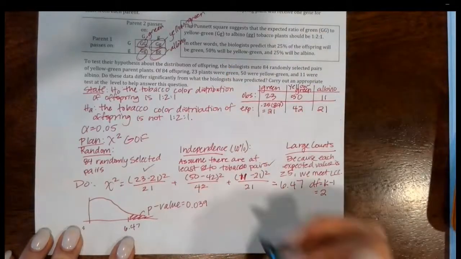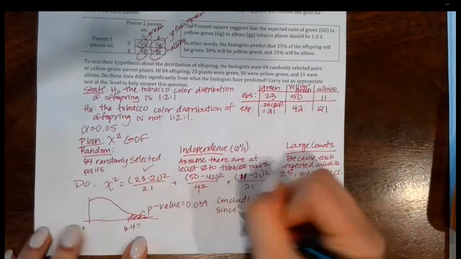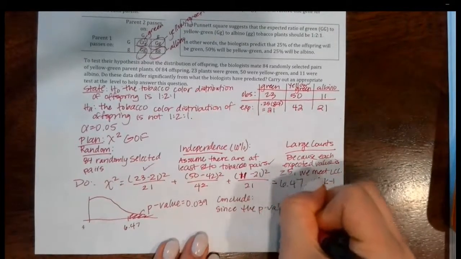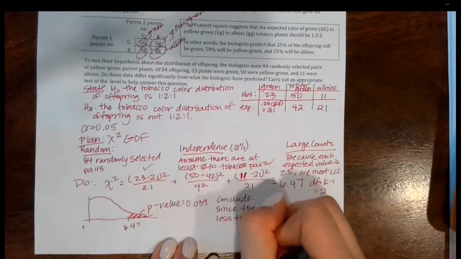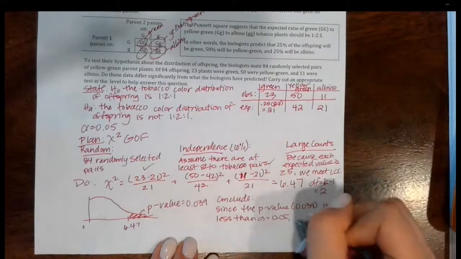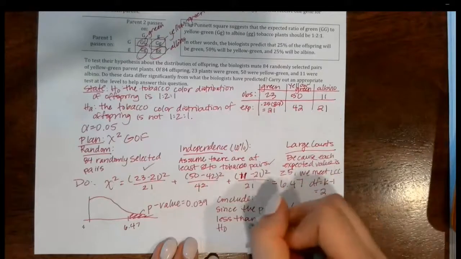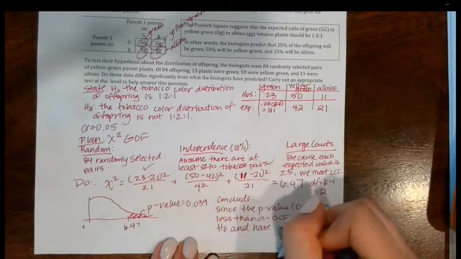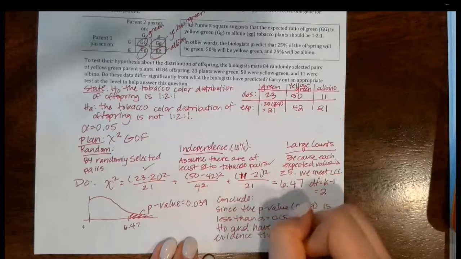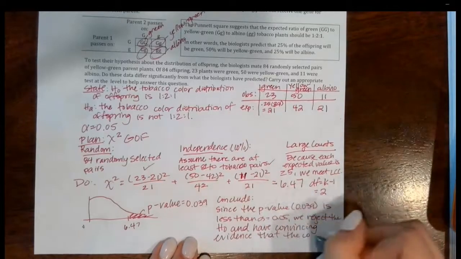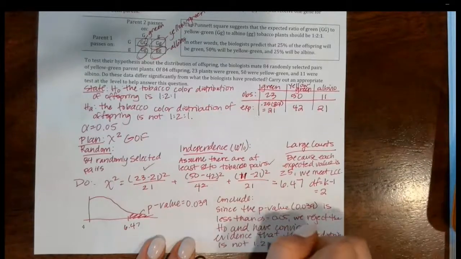Alright, so now that we have that, we can conclude. So, since the p-value 0.039 is less than alpha equals 0.05, we reject the null hypothesis and have convincing evidence that the color distribution is not 1:2:1.